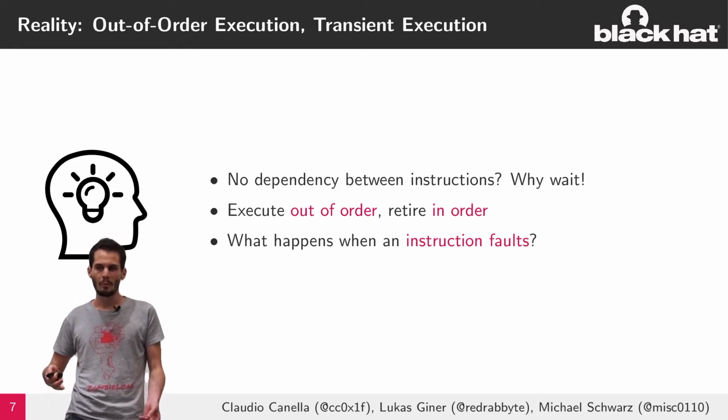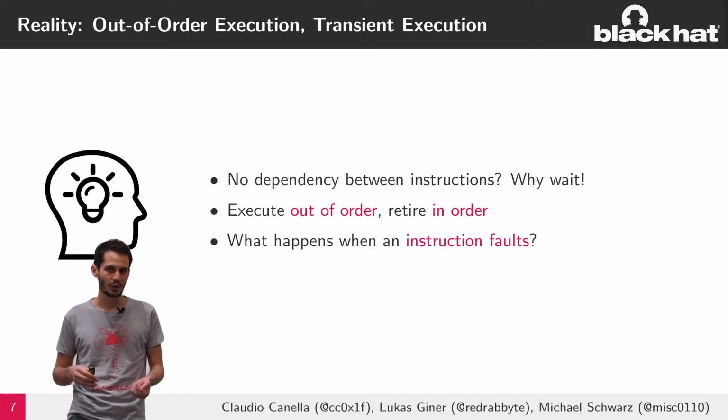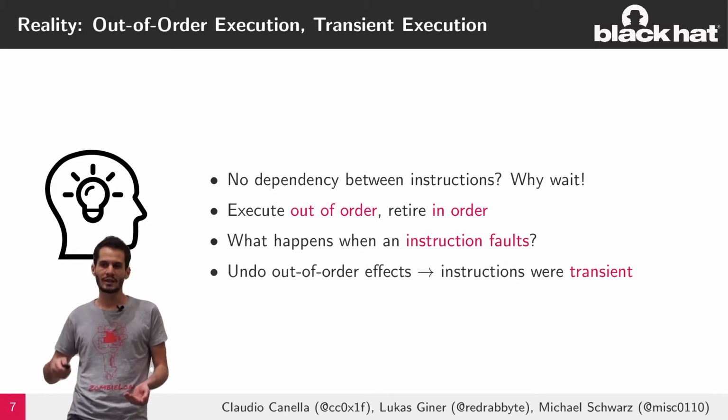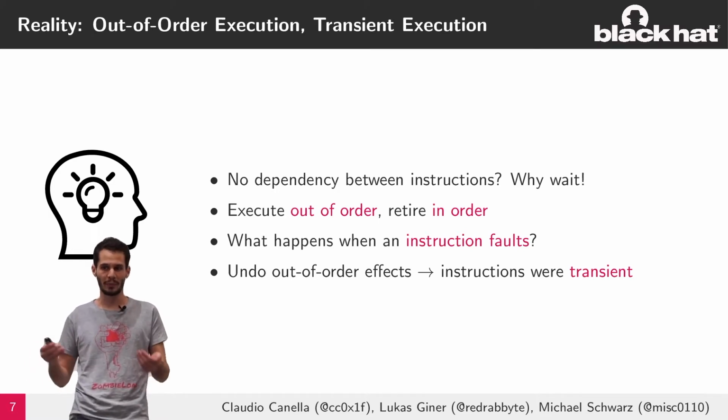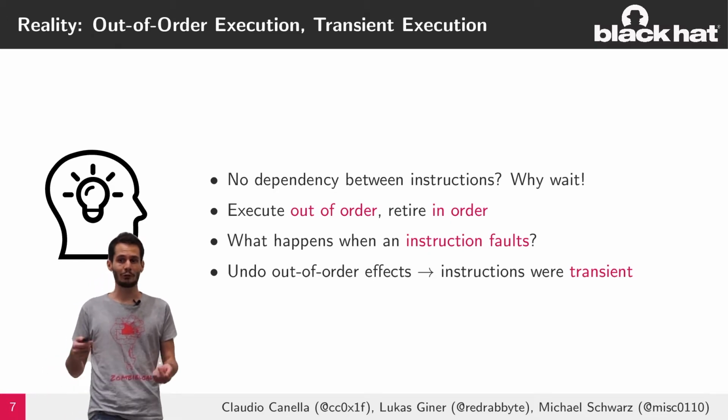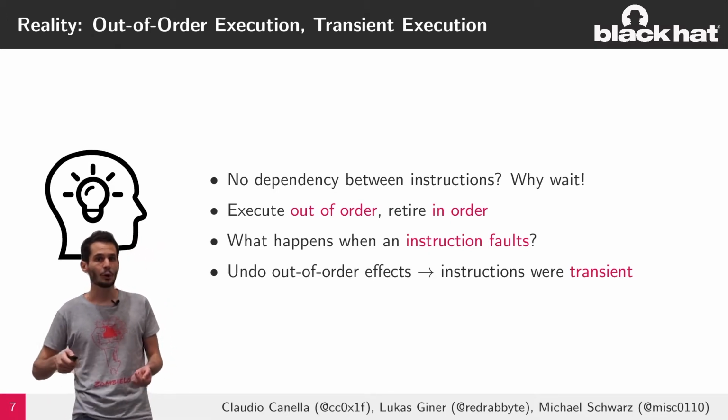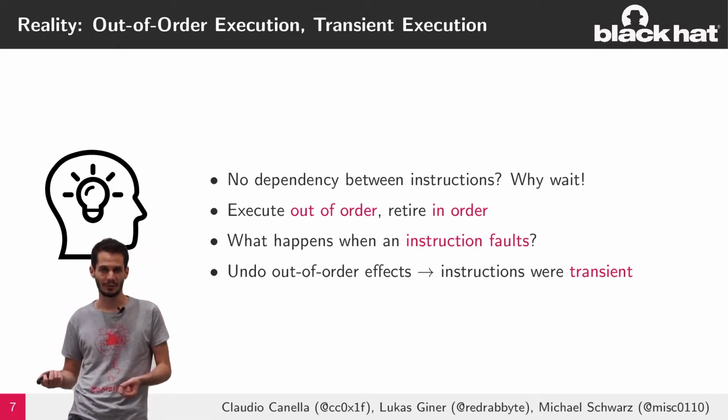Now an interesting situation is when a fault happens and there are already newer instructions in flight that are already calculating on data. What do we do with them? For this, the processor tracks the architectural changes that instructions would make, and if there is a fault, it undoes the out-of-order effects, and we then call those instructions transient. That's pretty smart.